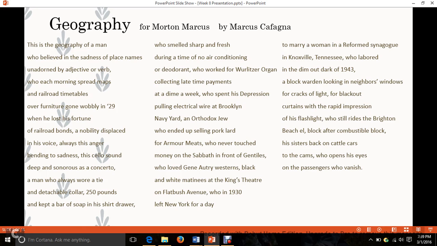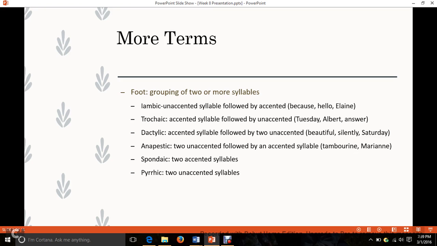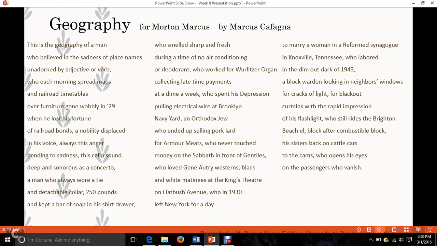So what I wanted to do next is look at a poem and do some analysis of it, because that's what we're ultimately doing in class, right? We're reading poems and analyzing them based on different questions and ideas about poetry. I have a poem by a poetry professor I had as an undergrad, Marcus Cafagna.